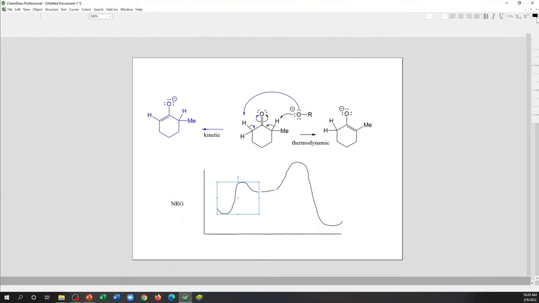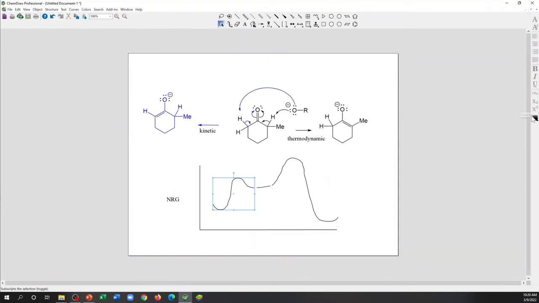So we'll change this to blue. All right. So again, this is our starting material, our reactant right here that we started with. This is the thermodynamic product, and this over here would be our kinetic product, like this.